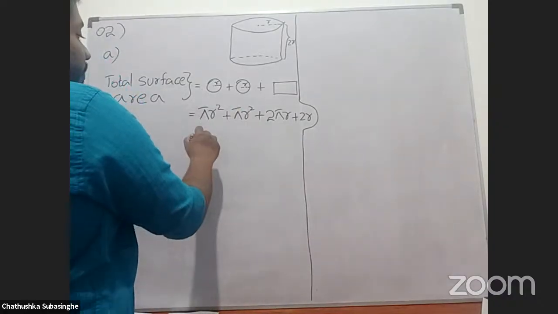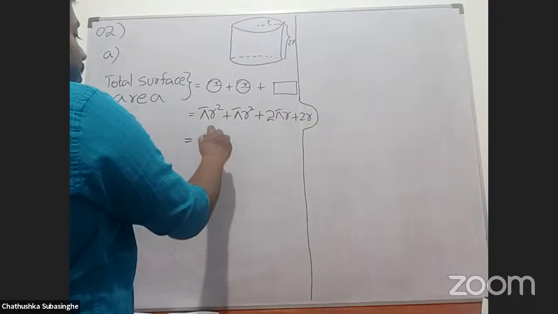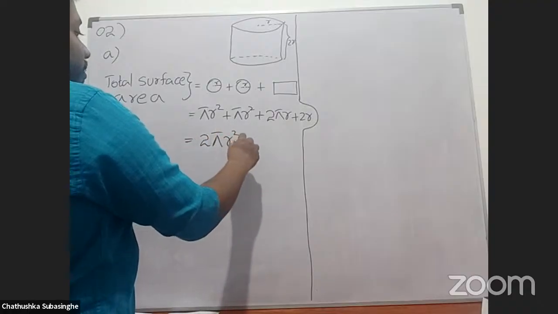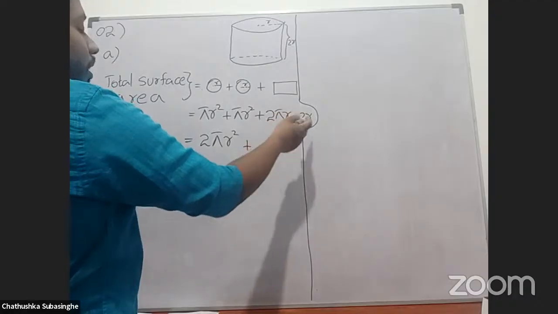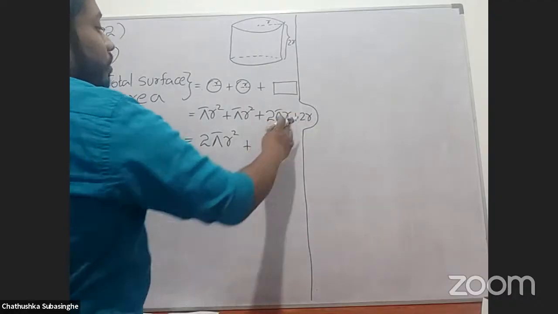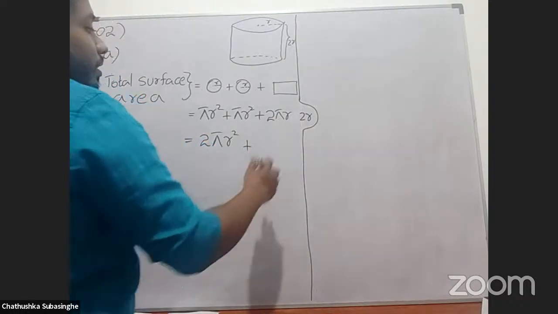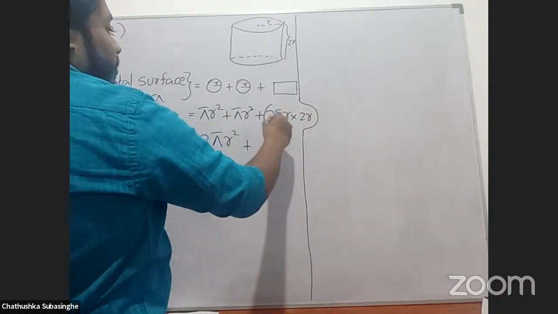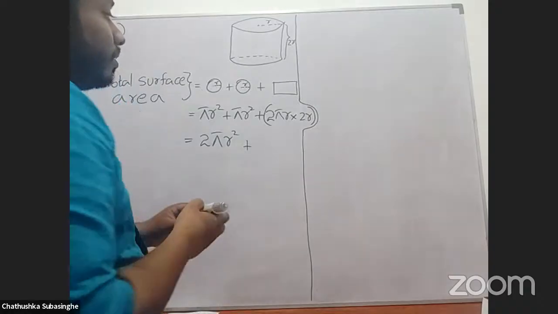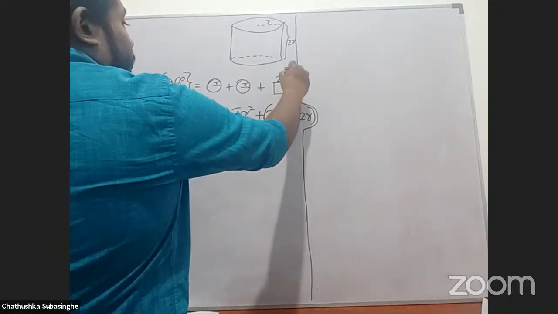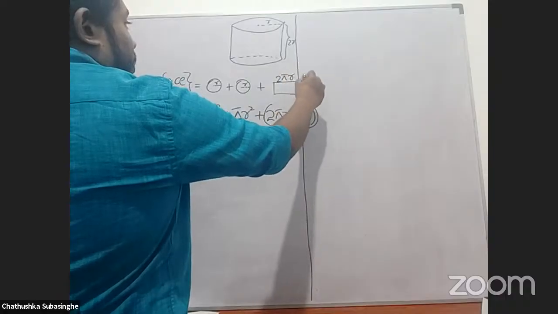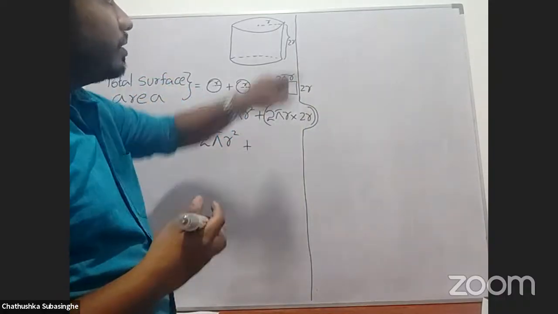Pi r squared plus pi r squared is 2 pi r squared, plus, what I have done here is multiplication, sorry students, it's multiplication. Why? Length is 2 pi r, breadth is 2r, because here the height is given as 2r.